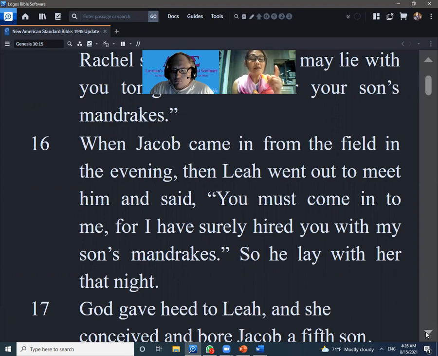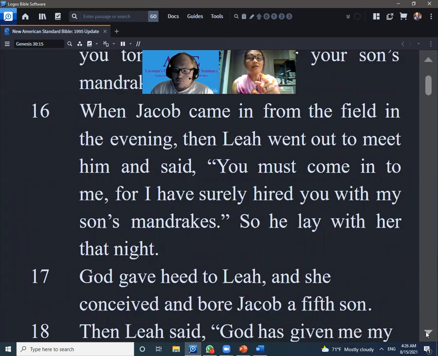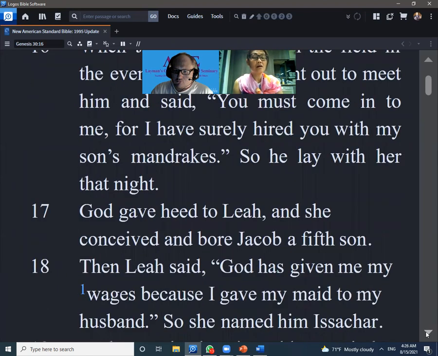And then Jacob came in from the field in the evening. Then Leah went out to meet him and said, "You must come in to me, for I have surely hired you with my son's mandrakes." So he lay with her that night.